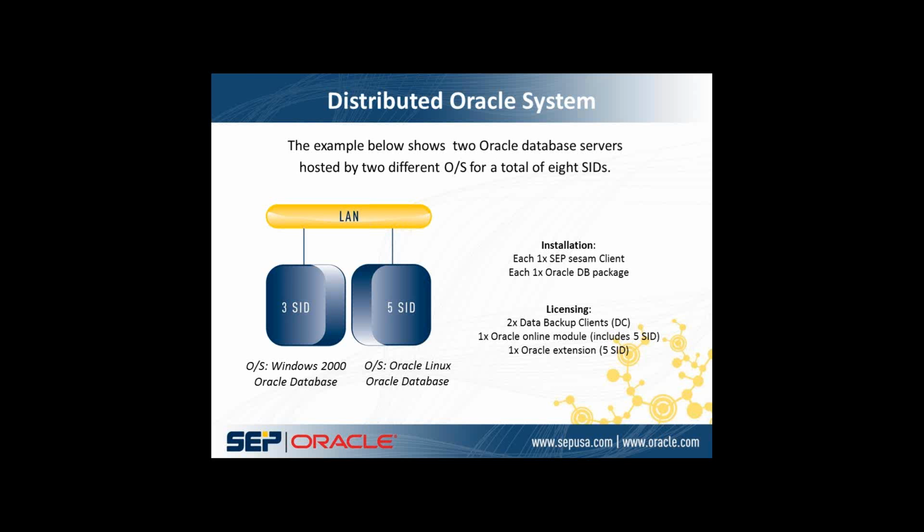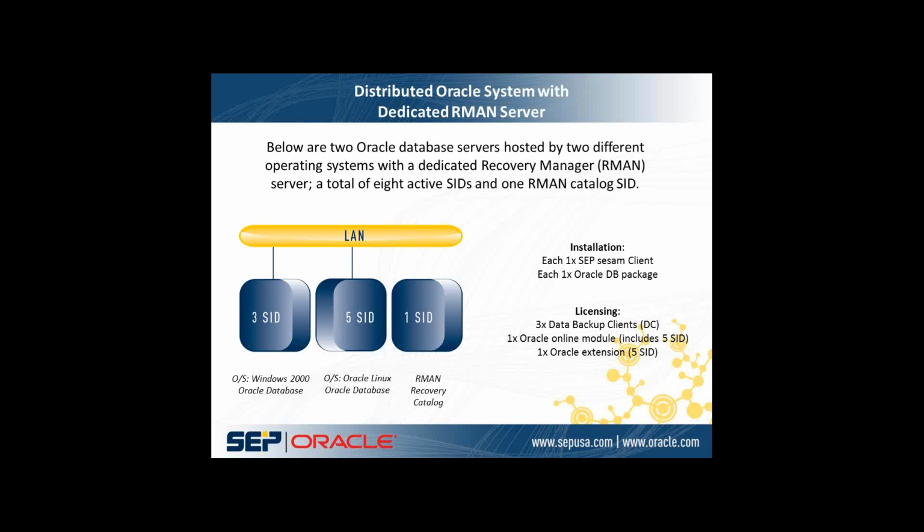We could see 2 Oracle servers hosted by 2 different operating systems. They don't have to be the same operating systems. In this slide, we have 2 Oracle database servers hosted by 2 different operating systems with a dedicated recovery manager server and a total of 8 SIDs and 1 RMAN catalog SID.